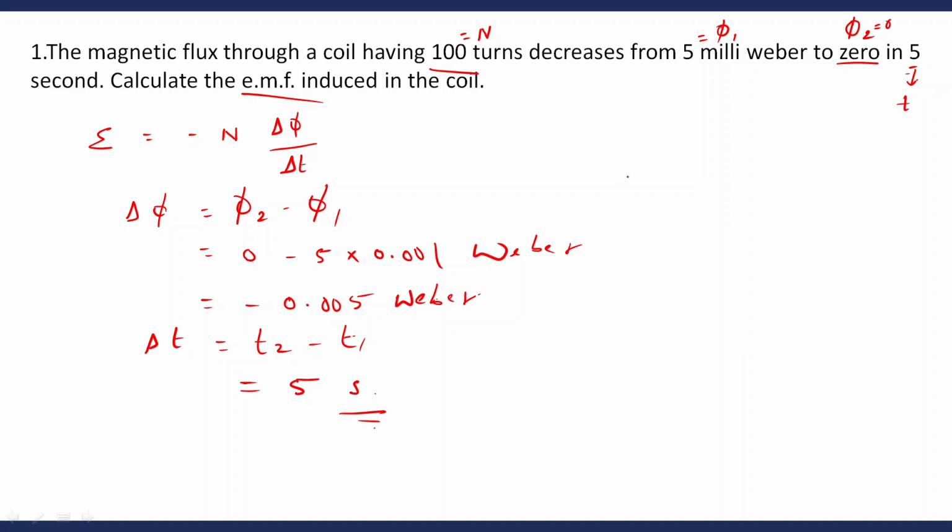So directly take it into the equation now. So epsilon equal to minus 100 into the delta phi value, 0.005, divided by 5.